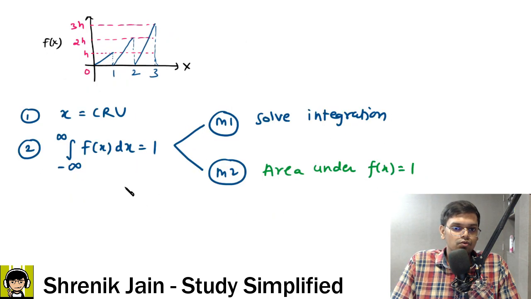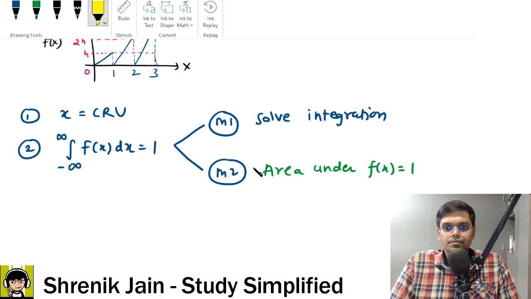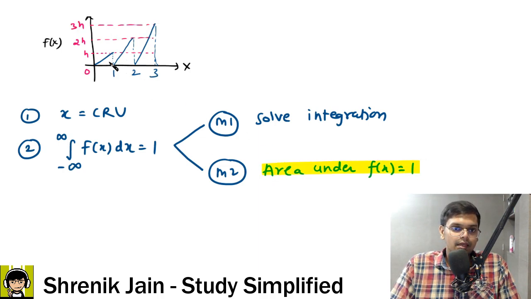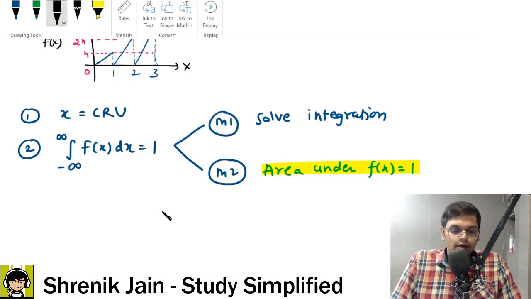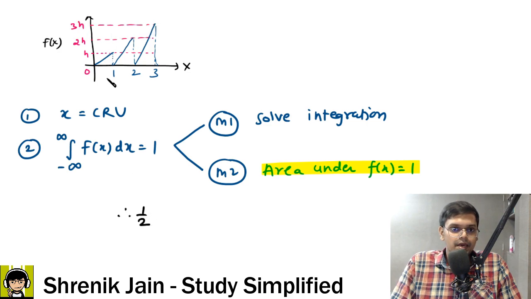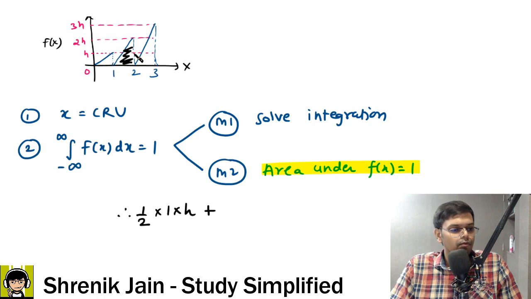Guys, if I use the concept number 2, then I can say area of this is half base into height. What is half base into height? Sir, if I use that concept, so half base is 1 and height is h. So half base into height. Plus if I check the second triangle, what is the area?